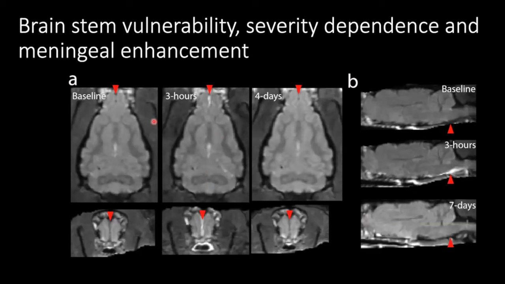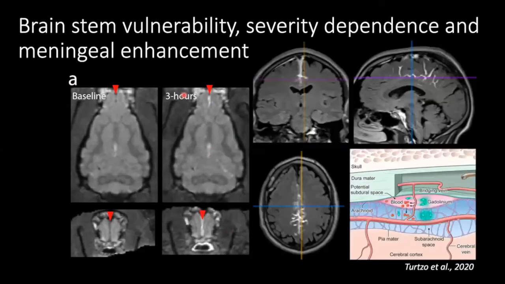At 3 hours, but not at baseline or later, we saw this brightness of contrast enhancement in the meninges, either around the brainstem or in the midline. This is consistent with what's beginning to be noticed in humans, this acute meningeal damage that shows up with gadolinium contrast and occurs in a large number of patients. So the ferrets might be useful for looking at that as well.